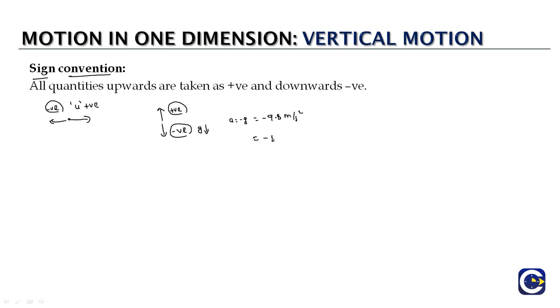Approximately we can even take it as minus 10 meters per second square. So this is the sign convention we will follow. Any quantity, whether it is the initial velocity, final velocity or displacement, if measured upwards, will be taken as positive, and if measured downwards, will be taken as negative.